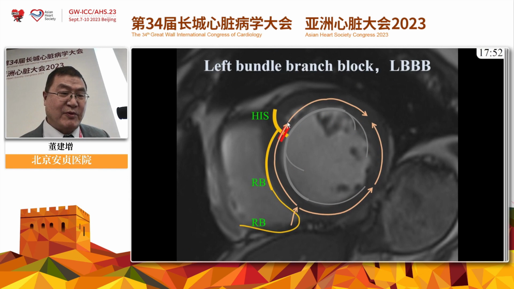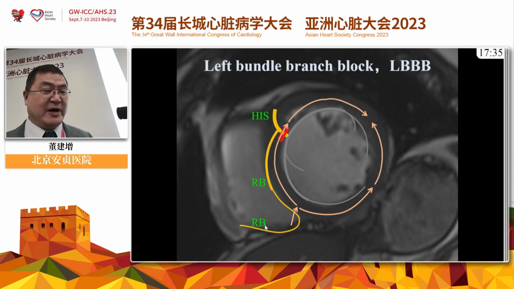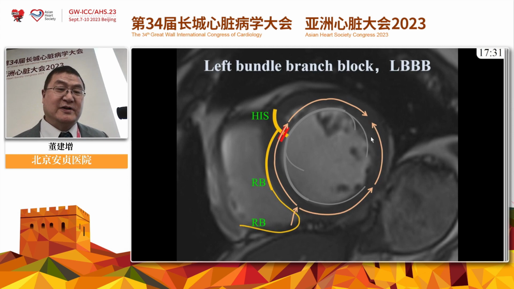When the left bundle branch is blocked or significantly delayed, the whole heart is activated by the His bundle and right bundle, first activated from the right inferior apex site. The whole left ventricle is activated from septal to lateral.